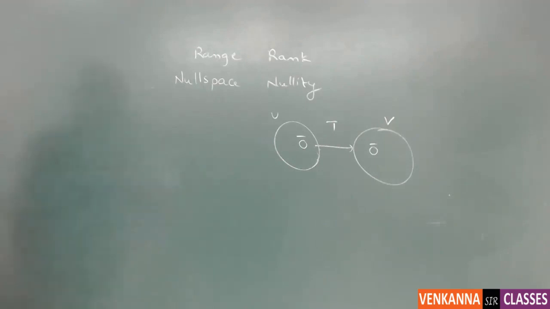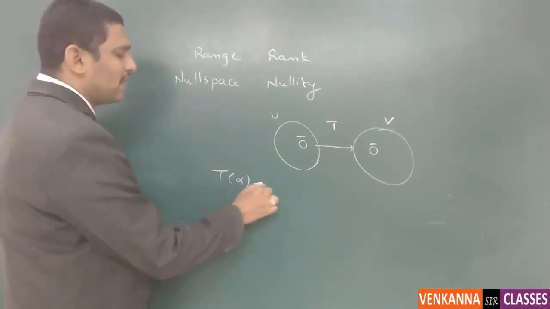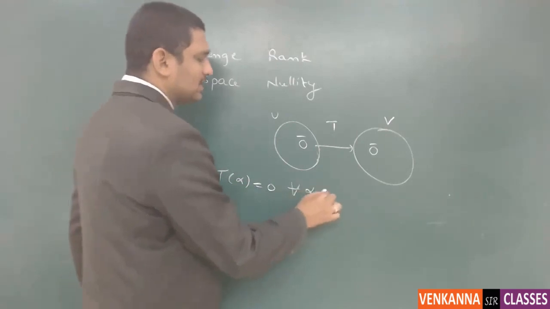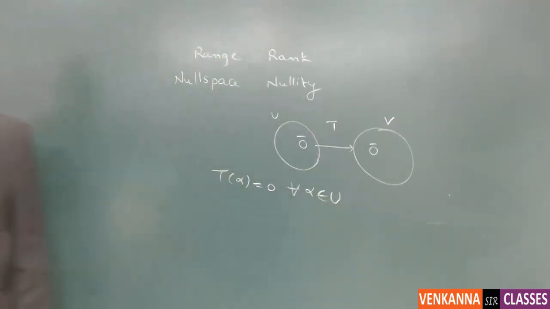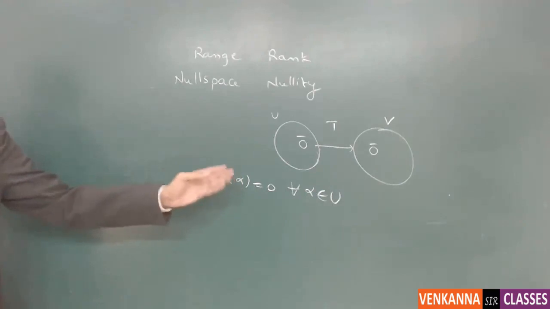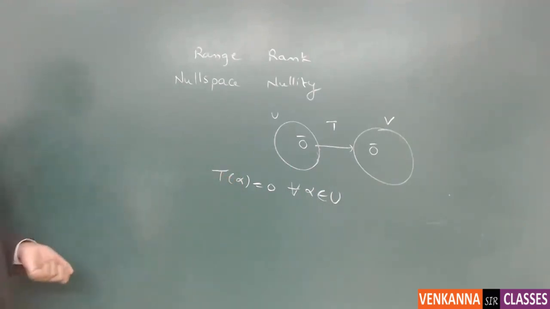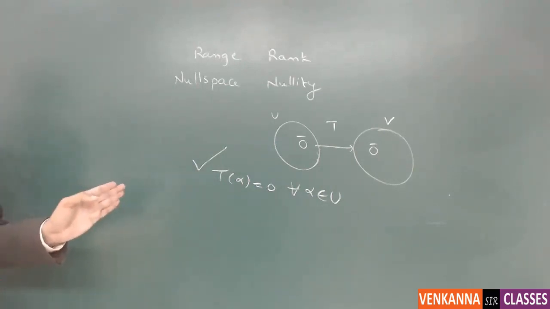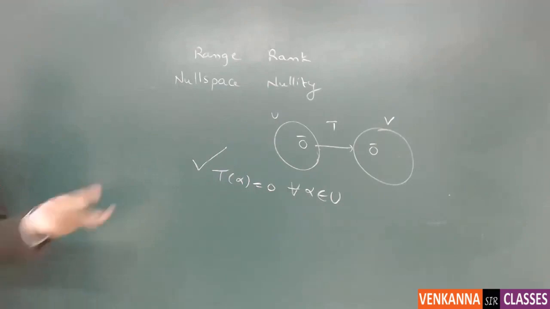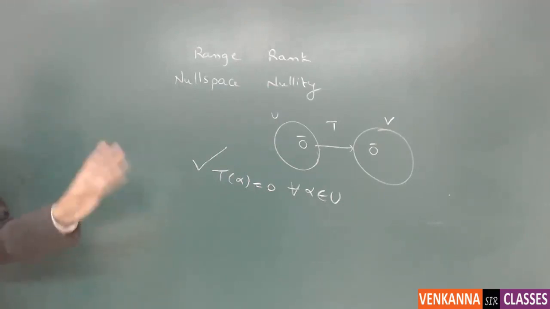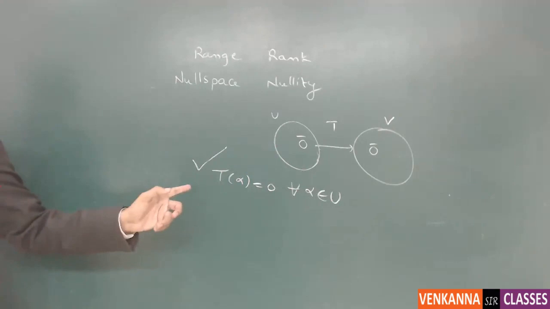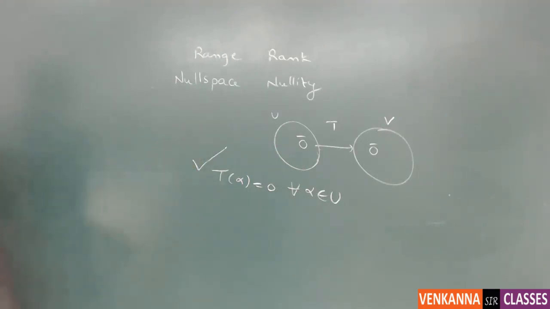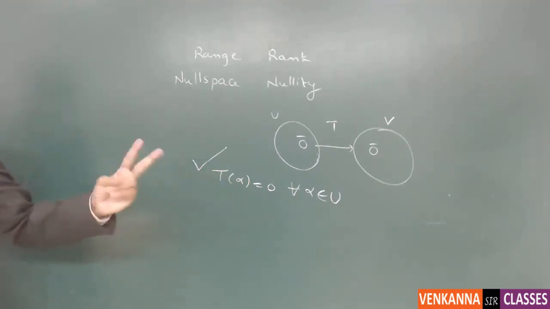The very simple thing is, you define that T of alpha is equal to 0 for all vectors in the domain. So that is nothing but the zero map, the zero function. Whenever you define the function T in such a manner, it is always a linear transformation. You can check for the conditions.